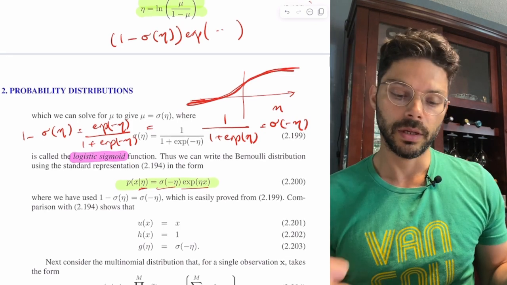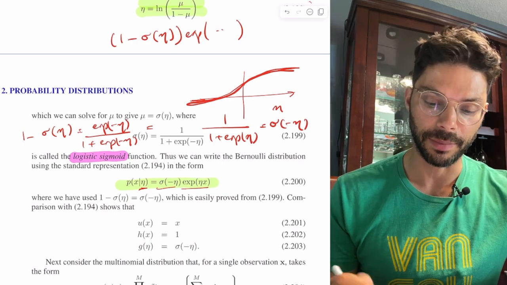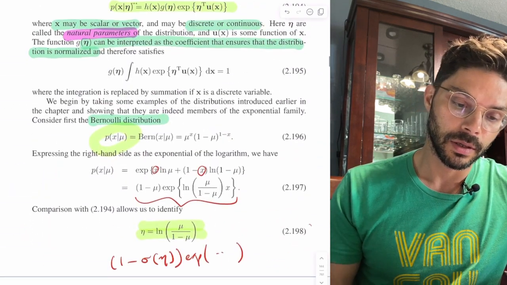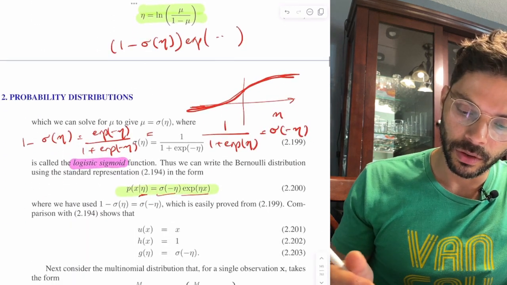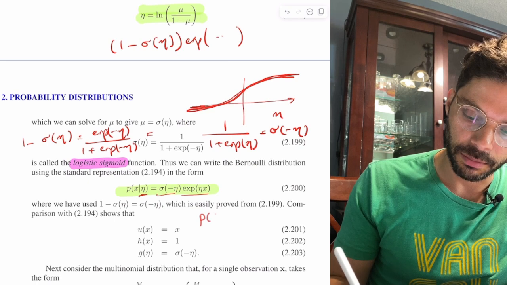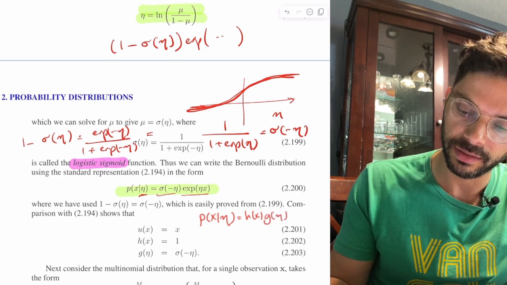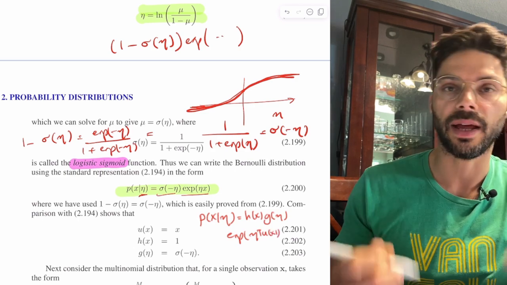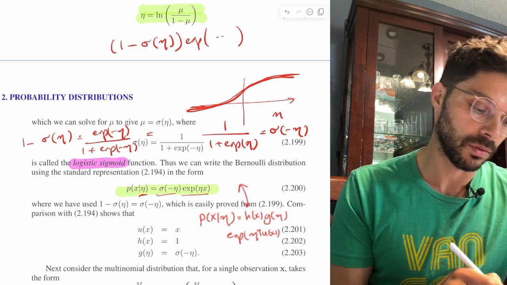Now all we do is check everything off to make sure that it is indeed in the exponential family. We just look at the various terms. Let me just copy this down. What do we need for an exponential family? There was an h of x, there was a g of eta, and then there was an exp of eta transpose u of x, right? That's what made it an exponential family. If we compare these two things, what do we find?